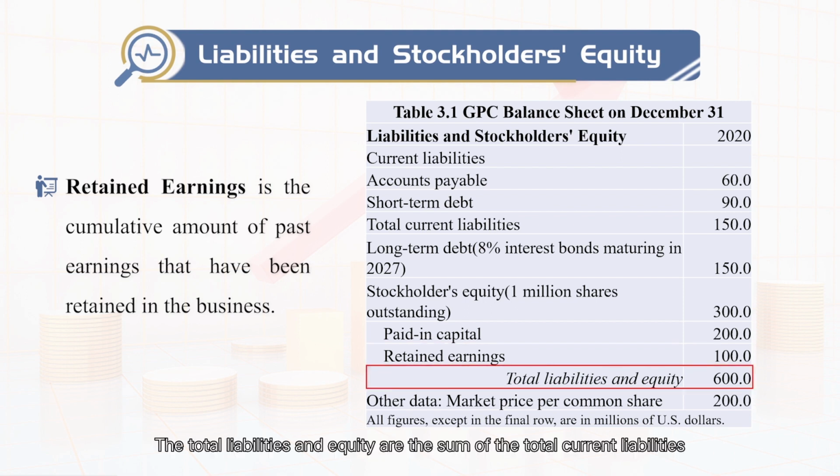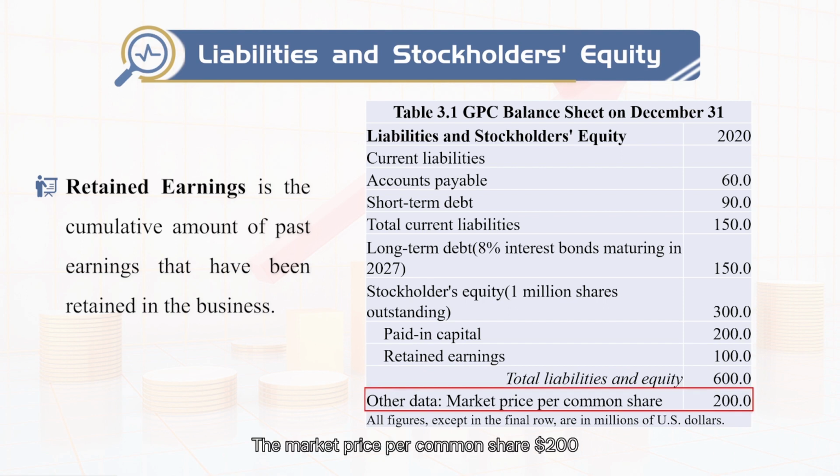The total liabilities and the equity are the sum of the total current liabilities, long-term debt, and the stockholders' equity. Note that the total liabilities and the equity, $600 million, are equal to the total assets. The market price per common share, $200, is added at the last row of the balance sheet. That's all about the balance sheet.